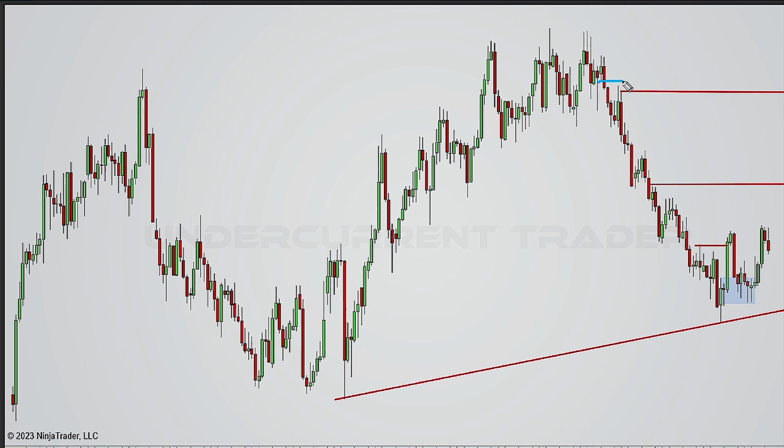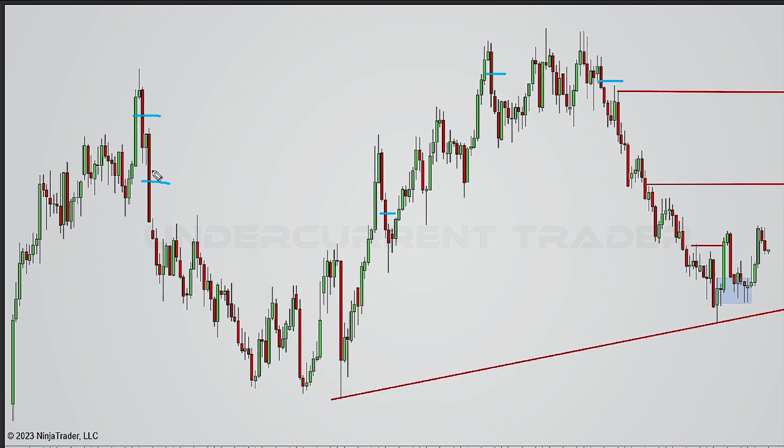I would also like to emphasize that, in my view, imbalances are fundamental to any order flow strategy. Now, the reasoning behind my assertion here is straightforward. Imbalances play a crucial role in determining whether a market is balanced or imbalanced. What's more, order flow imbalances do possess the advantage of being easily identifiable even to the naked or untrained eye.